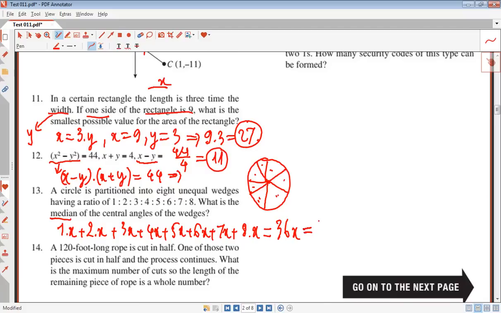It must be equal to 360. Hence we have x equal to 10.